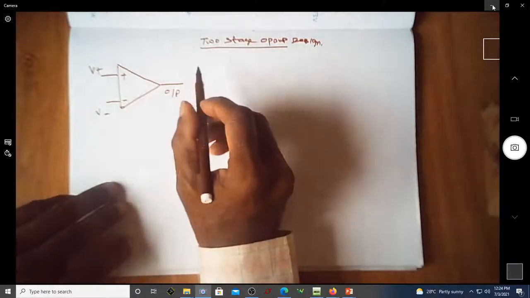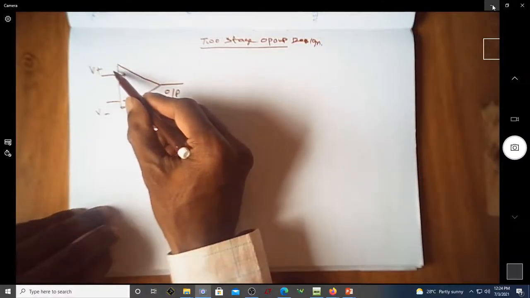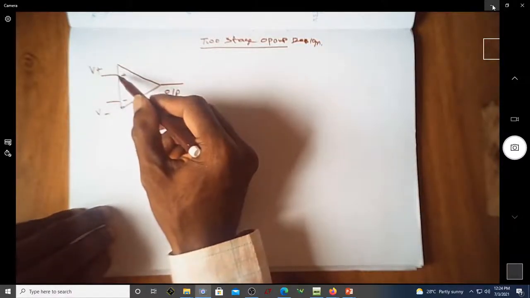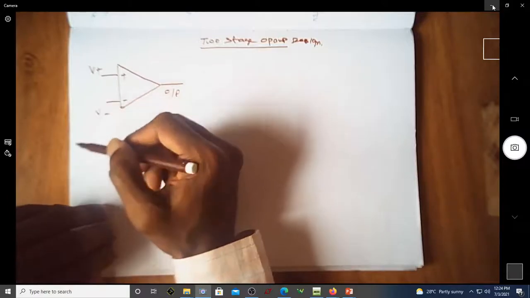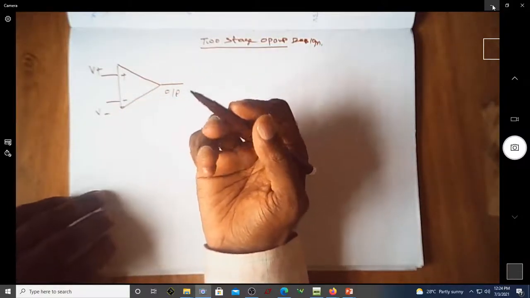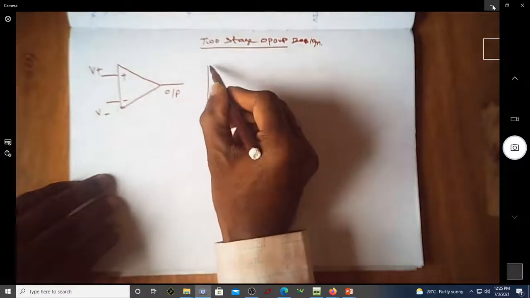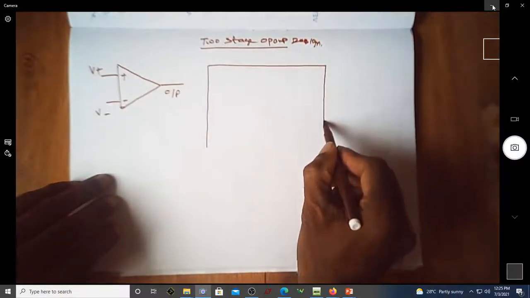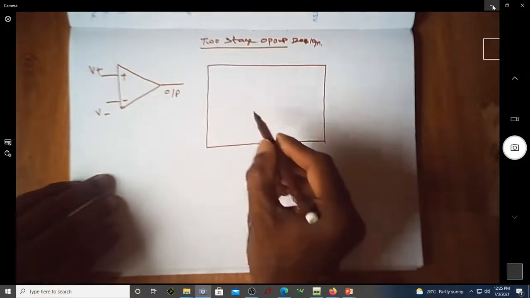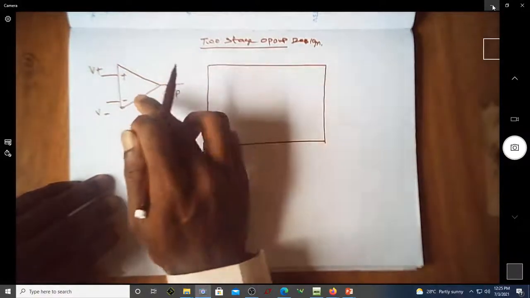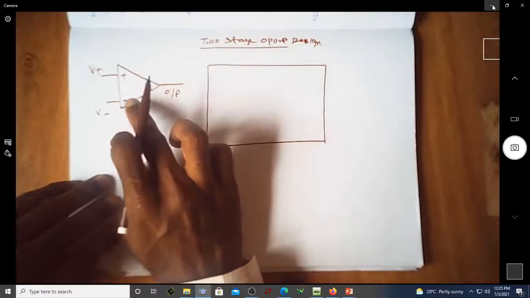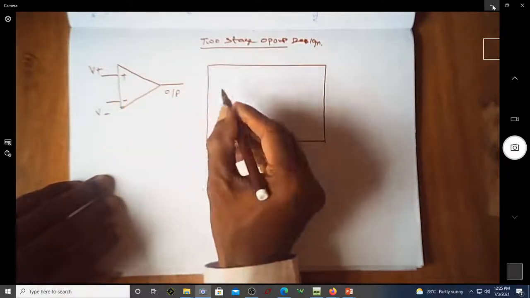So since it has to accept a differential input, naturally the input has to be a differential amplifier. We all know that a differential amplifier will certainly take two inputs. Let us write the extended block diagram version of this op-amp, from symbol to block diagram.